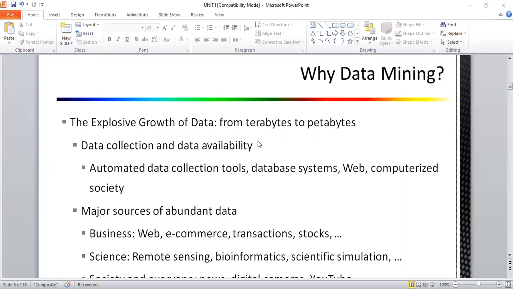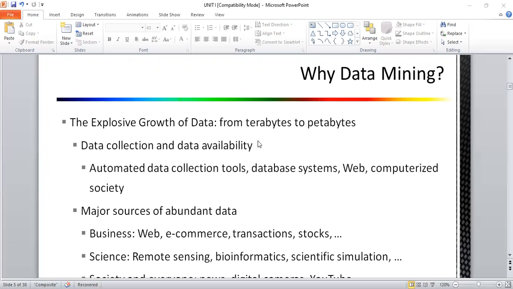Now, why did it come into existence? Because of the explosive growth of data, as it is written over here in this slide. Basically, the major reason that data mining has attracted a great deal of attention in recent years is due to wide availability of huge amount of data, and because that data moved from terabytes to petabytes, we have a lot of data to work upon. Then it becomes an imminent need to convert that data into information.